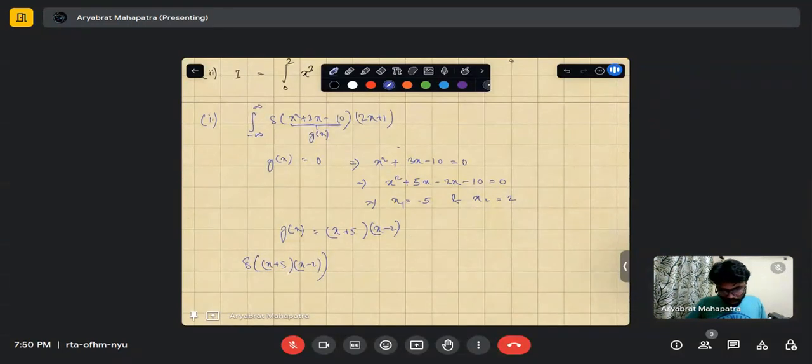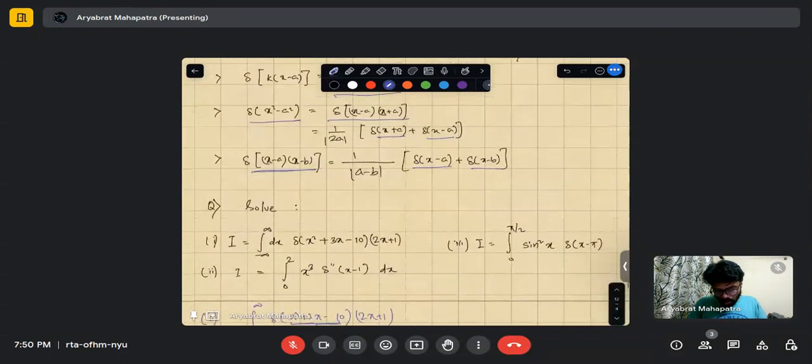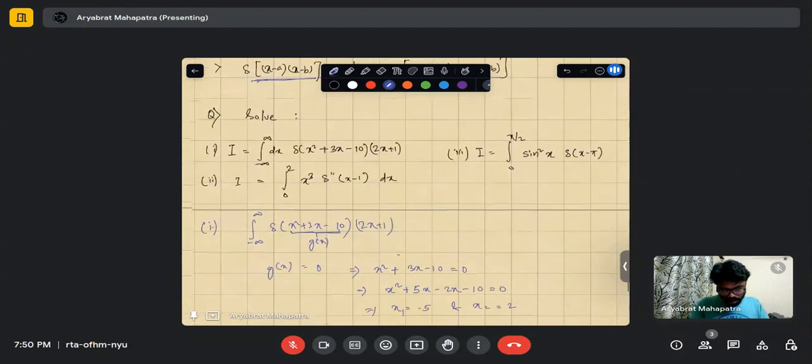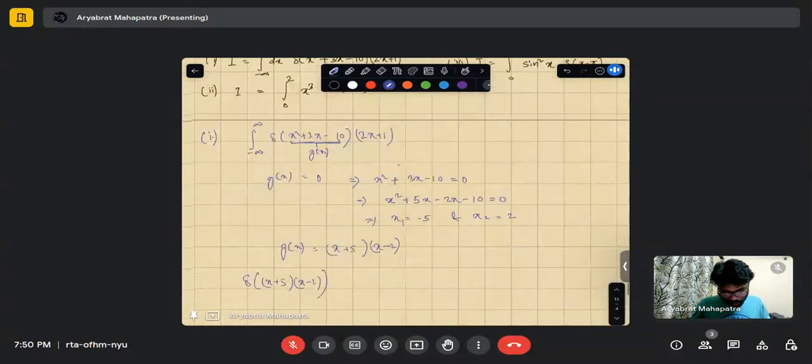Then after you get the factorized form, you use the last property right here, where a and b are basically your roots. So I can use them.